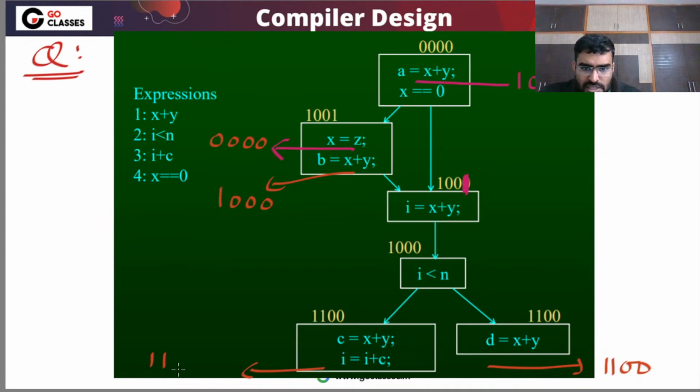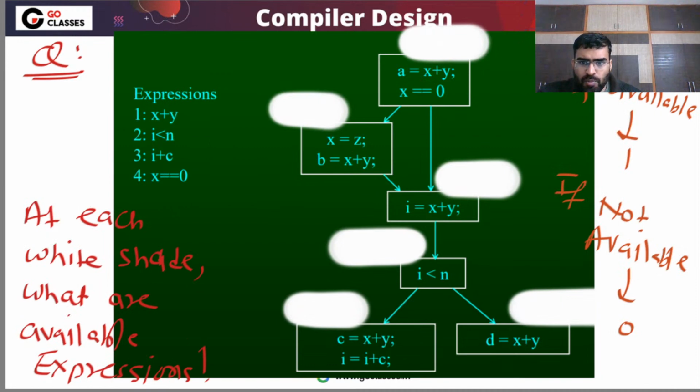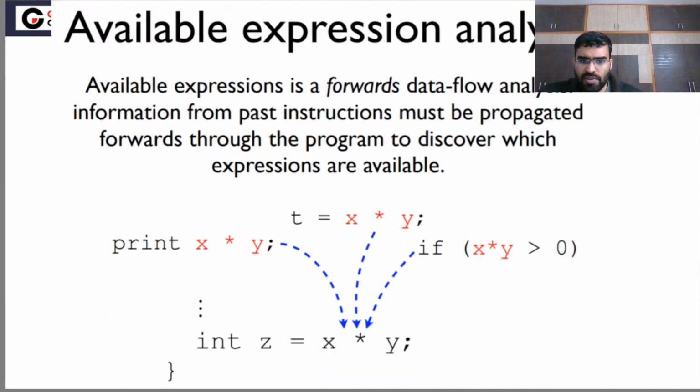So x plus y is available, and you can notice i less than n is available. I plus c is not available. So that is 0 0, 1100, 1100. Anyone has any doubt, you let me know. Like this you can do. At each point, what are the available expressions, you can very easily find.